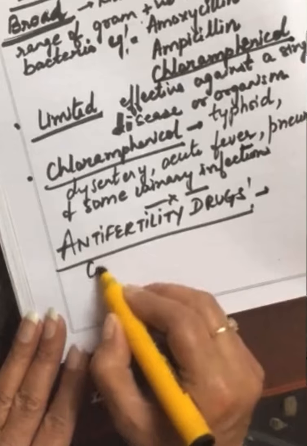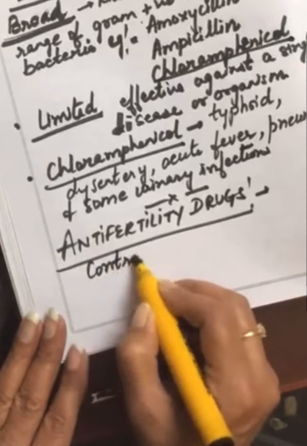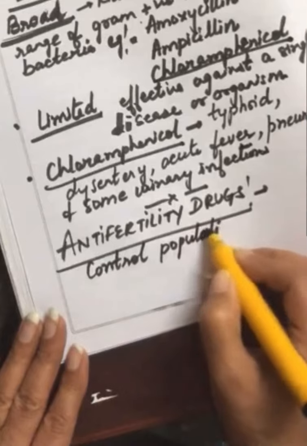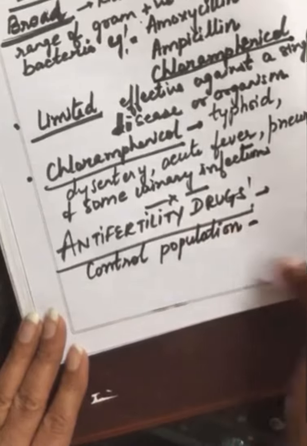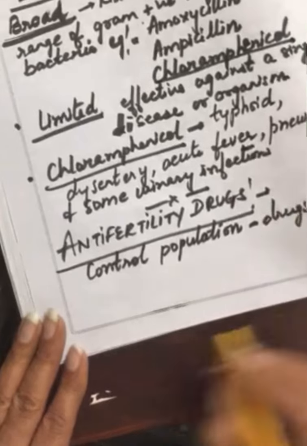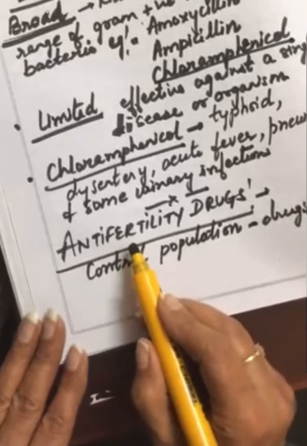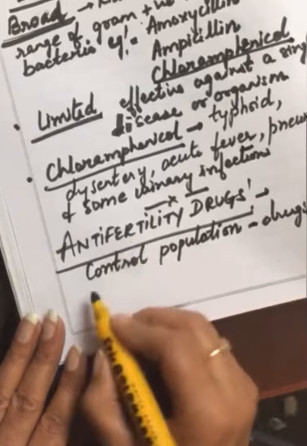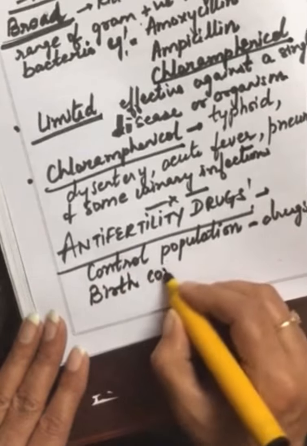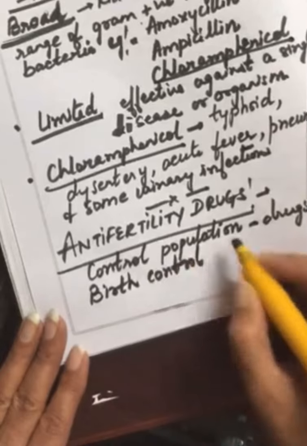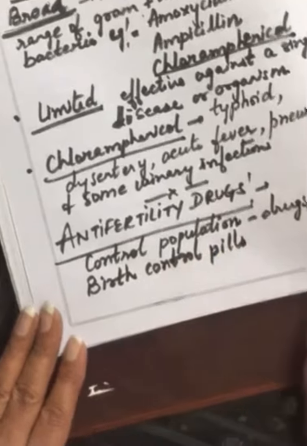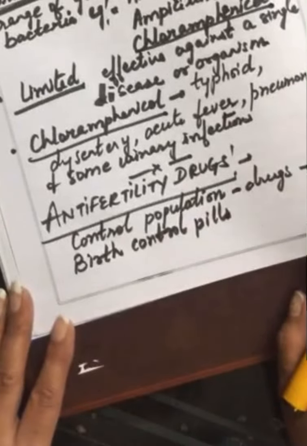So to control population, that is childbirth, the drugs which are used are called anti-fertility drugs. So actually the birth control pills come under anti-fertility drugs.